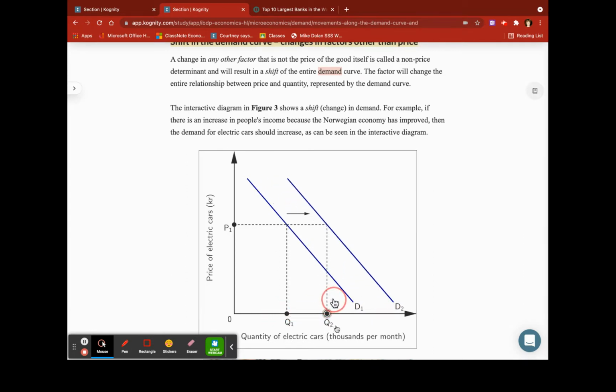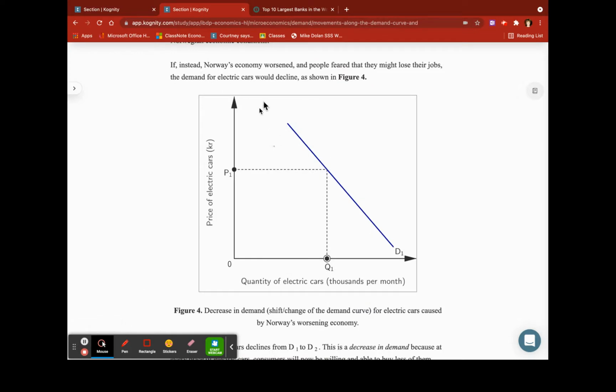For example, we just talked about the income effect, and that as people get wealthier, it tends to shift the entire demand curve to the right. Another example would be when the economy gets worse and people are worried about their jobs, they may stop buying luxury goods or all goods like electric cars in Norway, and that would shift the demand curve to the left.